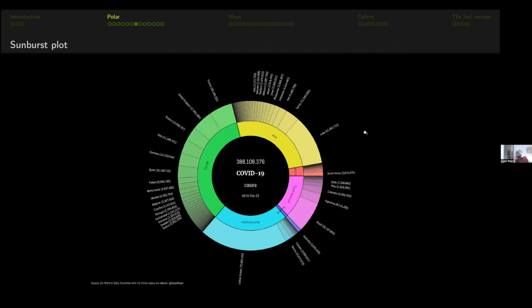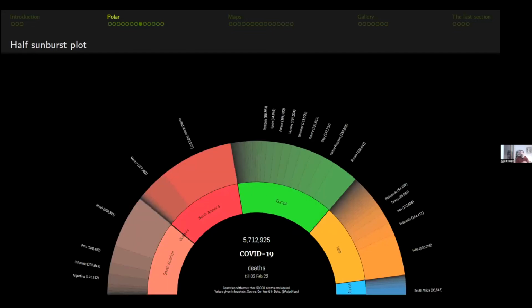So like I said, since Stata can handle this kind of stuff, and the way Stata works with polar coordinates or circles, that works with a top circle and a bottom circle. An easier version of this is to split it into a semicircle, which we come up with sort of like a half sunburst plot, which is structurally much easier to construct than a full circle, and is also visually easier to read, because given that our screens are rectangles and circles take up quite a bit of space.